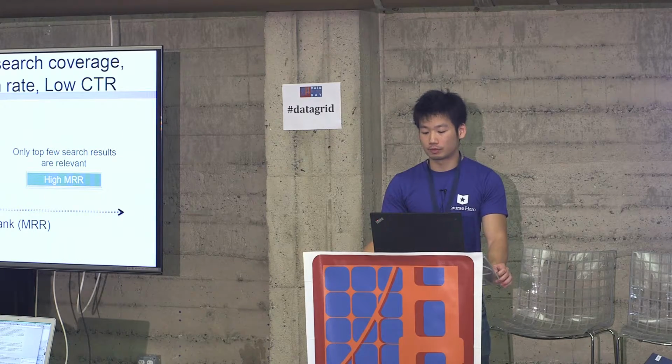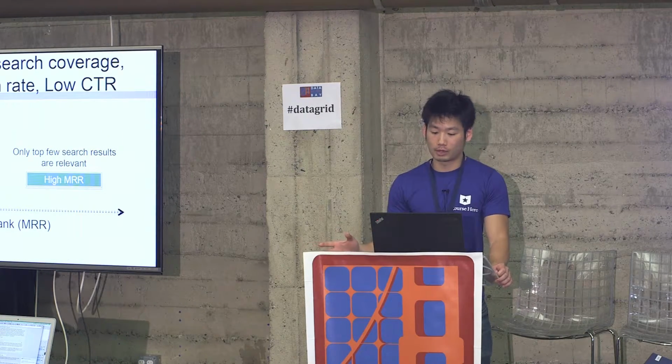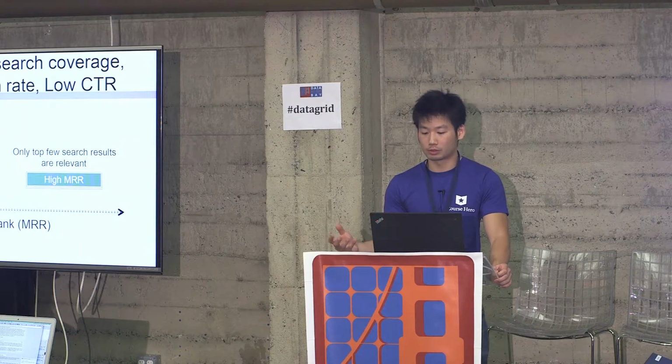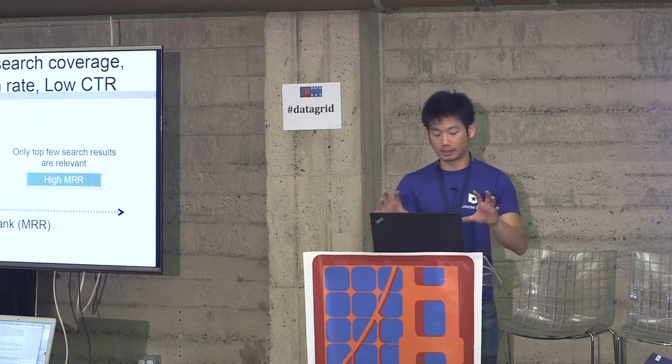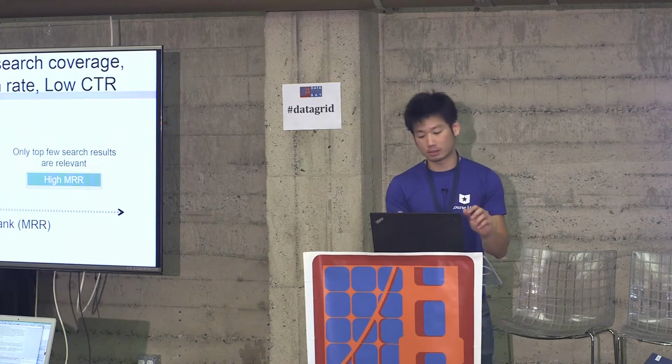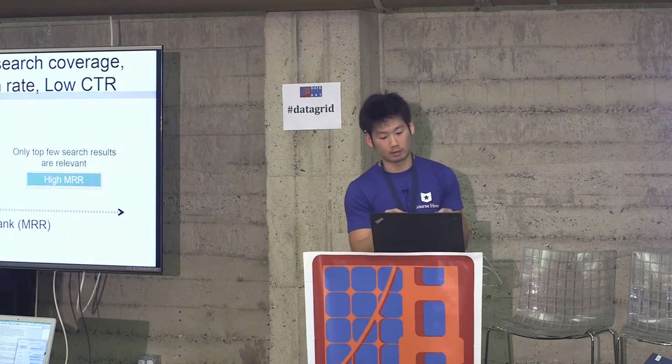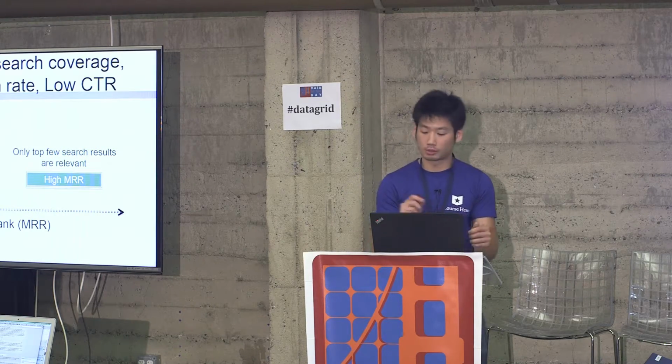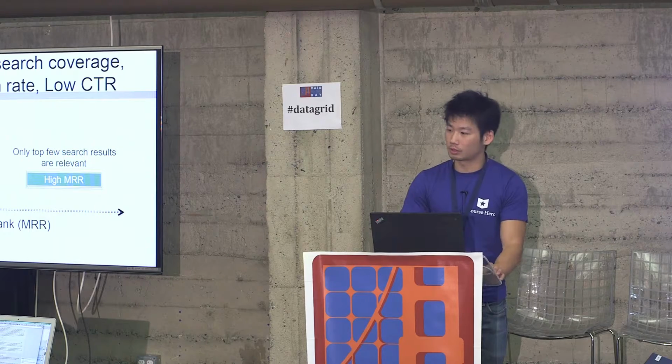If the mean reciprocal rank is high, that means only the top few search results are relevant. As you can see, all of these metrics tell us something, and that's where we can point our product in the right direction on which problems we need to solve.